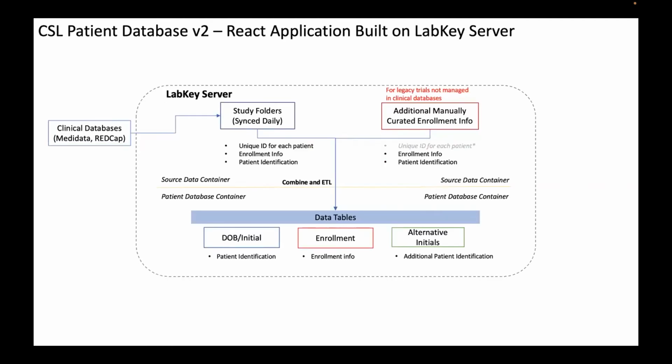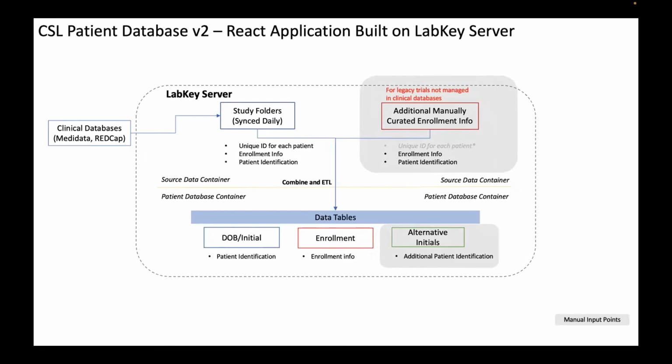To really give you the complete picture of how this is set up, here is the same data flow diagram that I want to point out. Even though the majority of this is automated, there are still two manual input points. One is we need to keep track of alternative initials used by these patients. The other is some manually curated enrollment information we still need to keep track of for some legacy trials that are not managed in clinical databases.